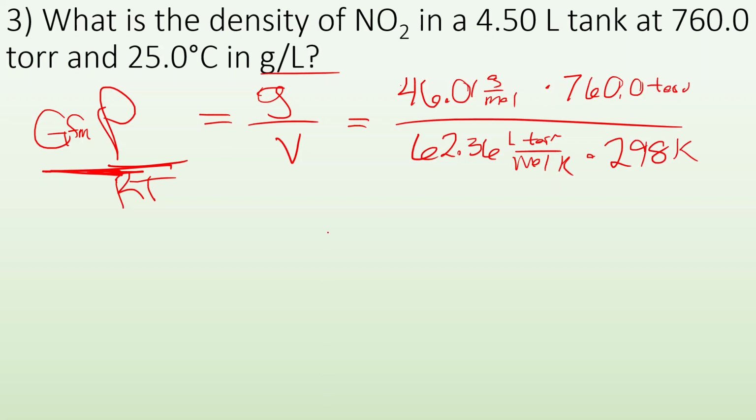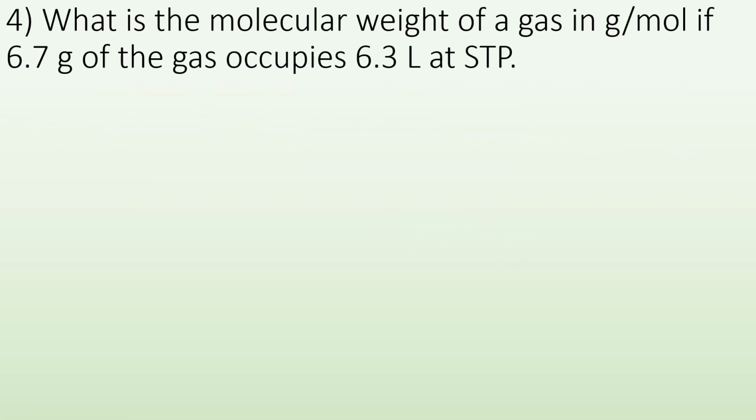When I plug and chug, I end up with 1.88 grams per liter. If you take a look, moles divided by moles cancels out, Kelvin over Kelvin cancels out, and torr divided by torr cancels out. I'm left with just grams per liter, which is what they were asking for. My units tell me I did the right thing.